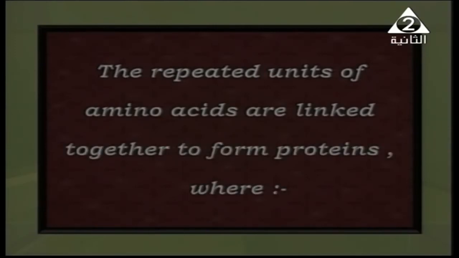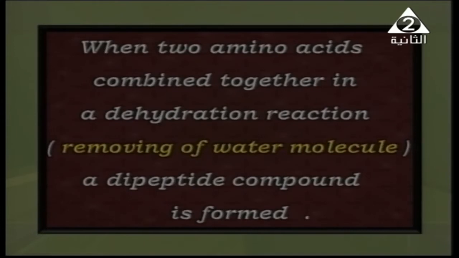The repeated units of amino acids are linked together to form proteins, when 2 amino acids combine together in a dehydration reaction. Do you know the meaning of the word dehydration reaction? It means removing a water molecule.